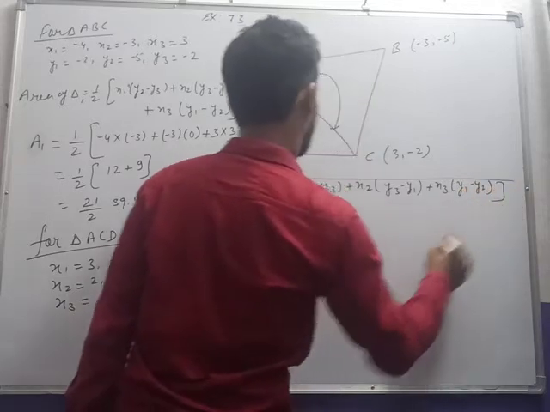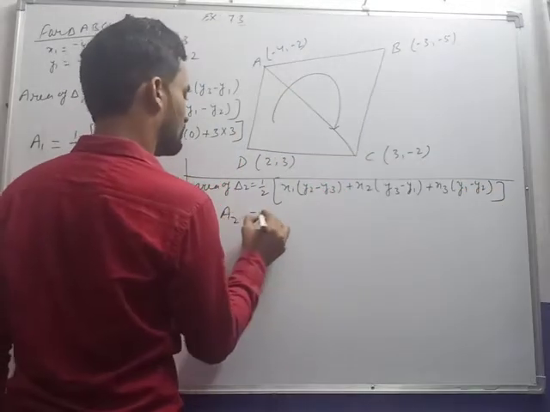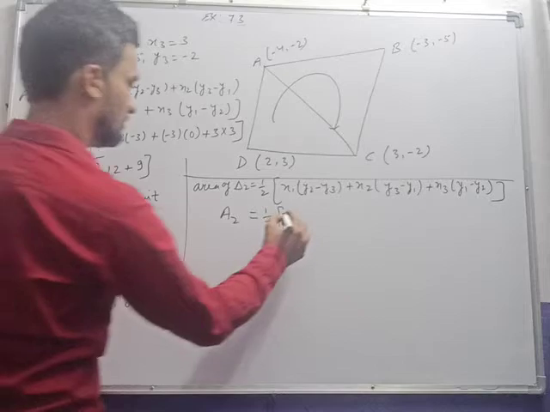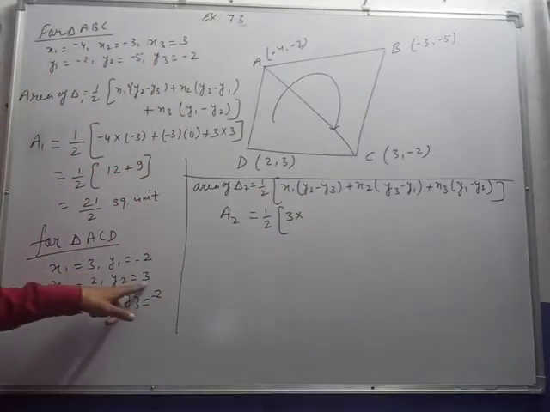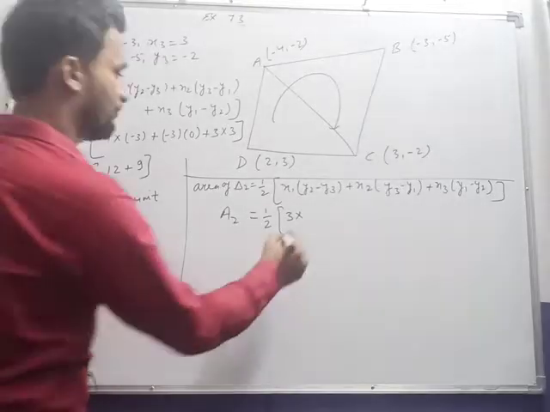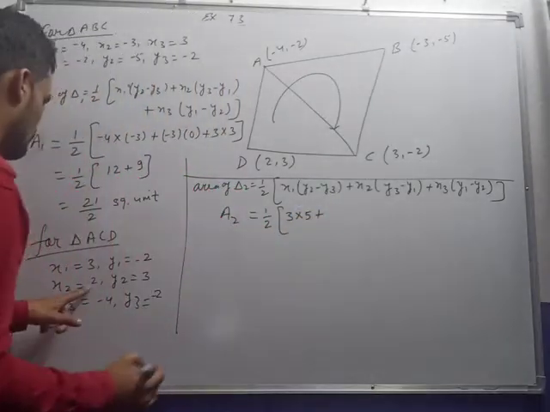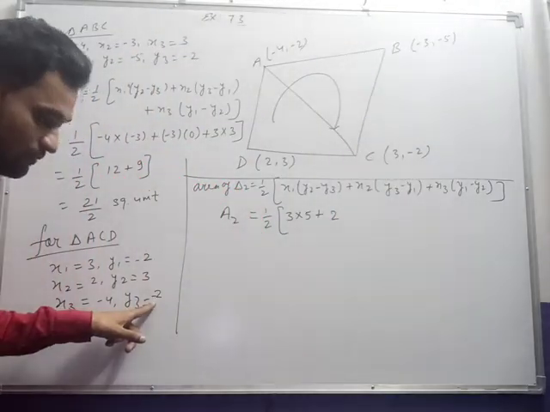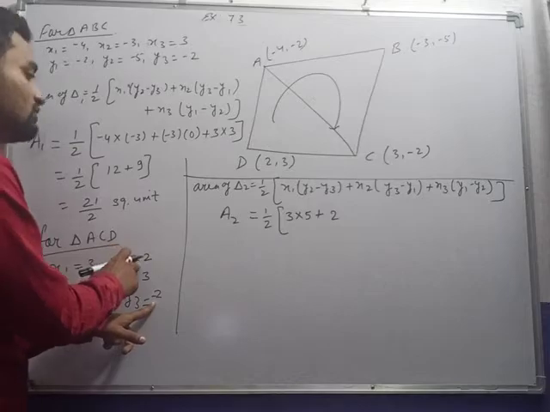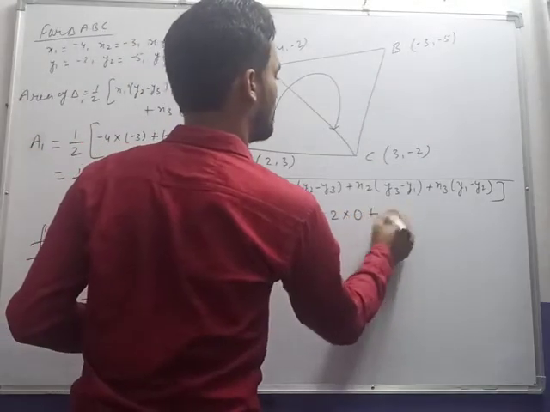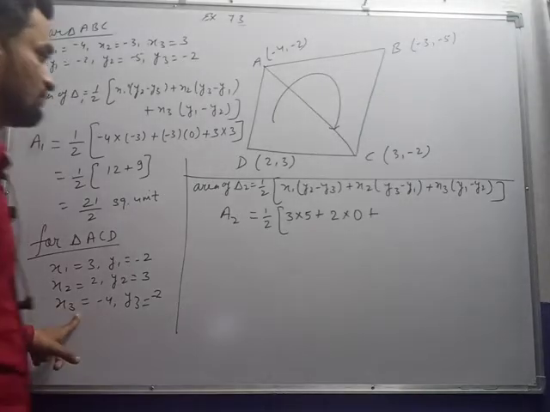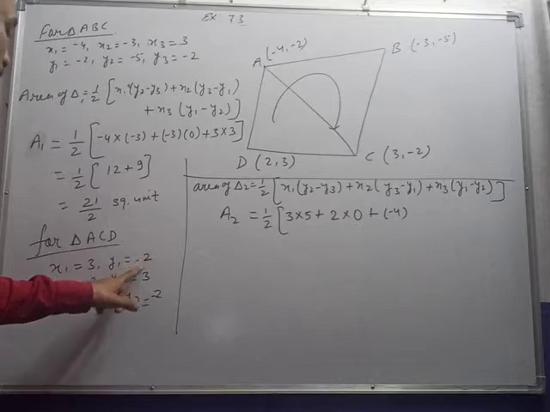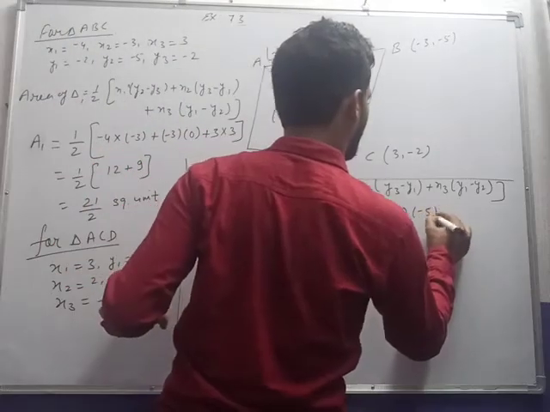So A2 is 1 by 2 times x1, which is 3, times y2 minus y3, 3 plus 2, which is 5, plus x2, which is 2, times y3 minus y1, minus 2 plus 2, which is 0, then x3, which is minus 4, times y1 minus y2, minus 2 minus 3, which is minus 5.